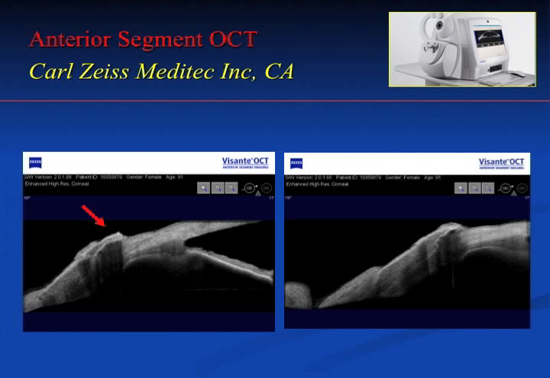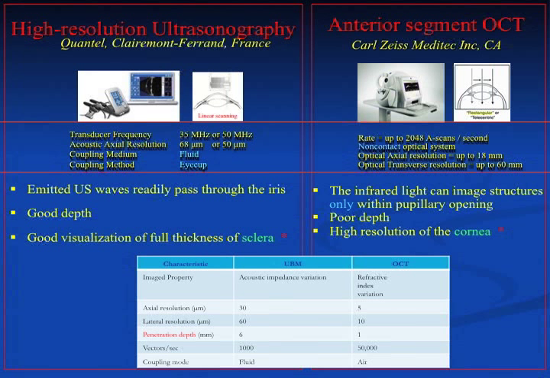It was hyporeflective, and it was the significant thinning that was present. For the UBM, what is important is that the depth of penetration, as you can see over here, is much more significant. So actually you can measure the whole sclera in any type of scleral involvement process, and you can be sure that objectively you do have a number. And then after you do the surgery, you can see how it changed.